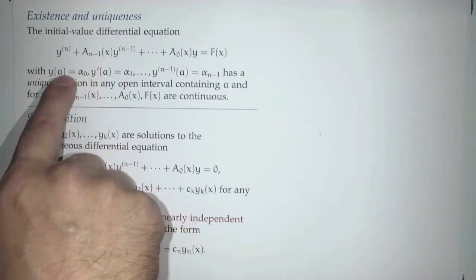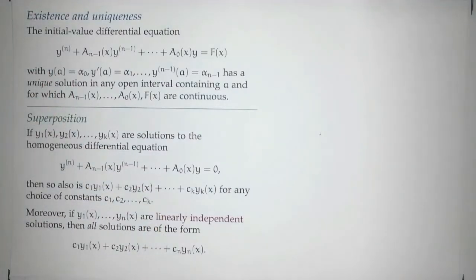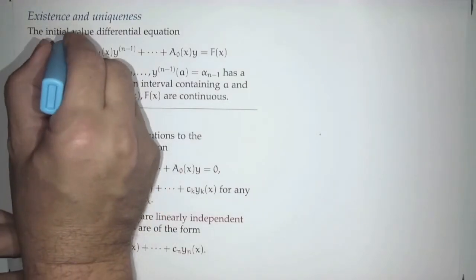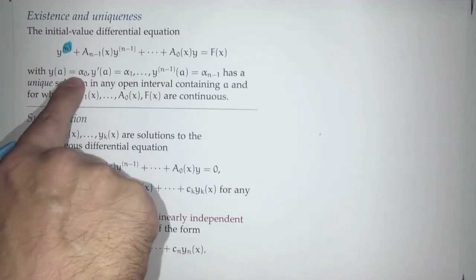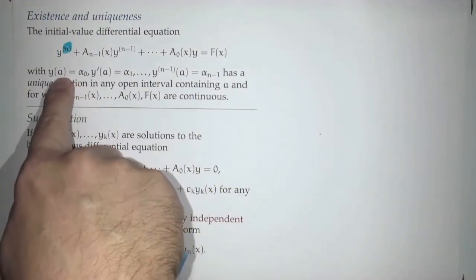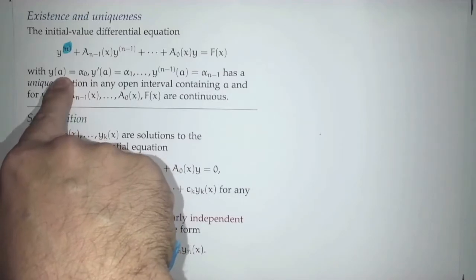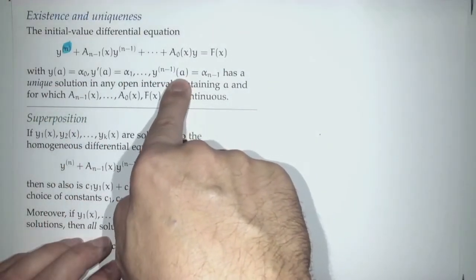And we have some initial conditions. So how many initial conditions? Well, you'll see here, it's an nth order derivative, and so we're going to have n initial conditions. We need enough information to tell us how to get going. You can actually count, because you see we have the value of the function at a point, the value of the derivative at that point, all the way up to the value of the n minus first derivative at that point.